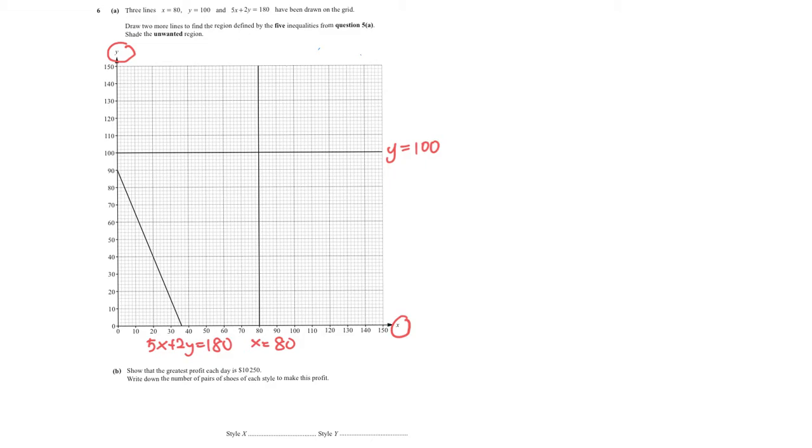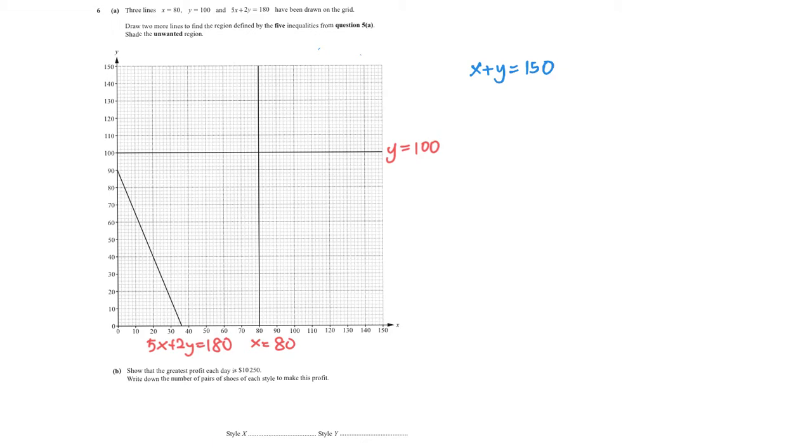Okay, so draw 2 more lines to find the region defined by the 5 inequalities. So we have x here, we have y here, and the other one, 5x plus 2y equal 180. That will be the equation that we are looking for. Let me erase this one. And x plus y equal 150.